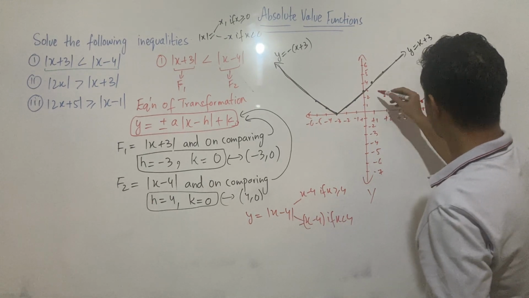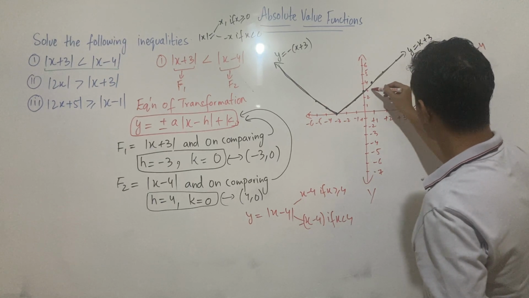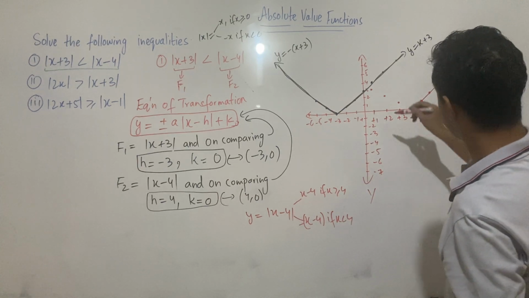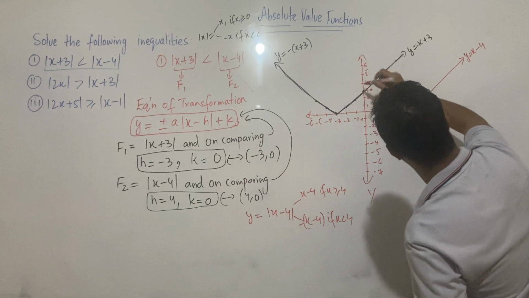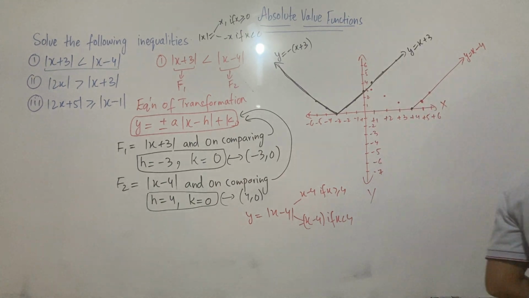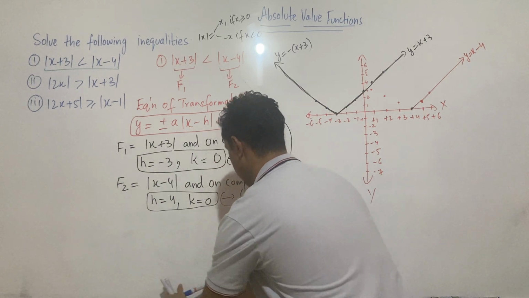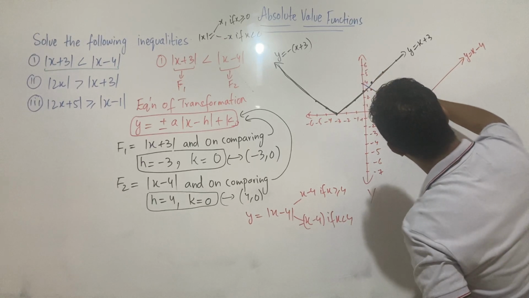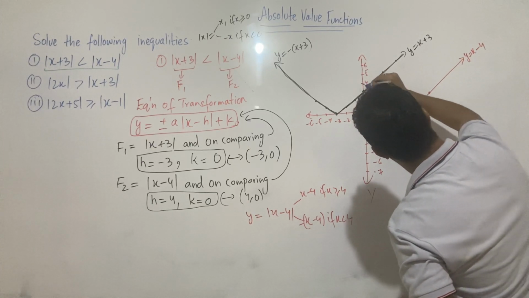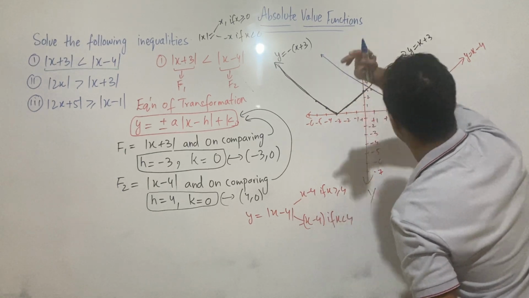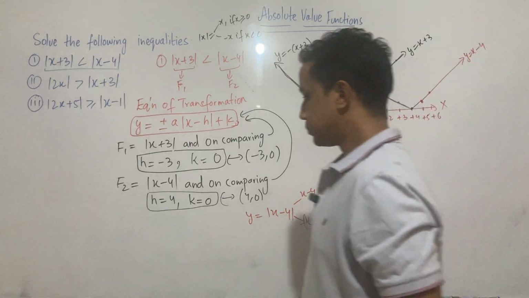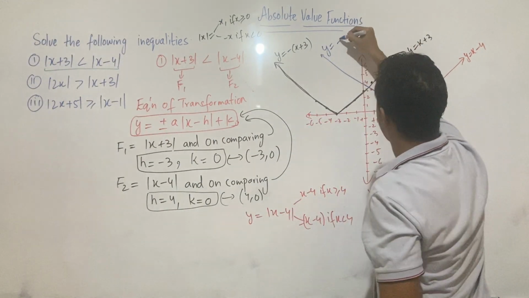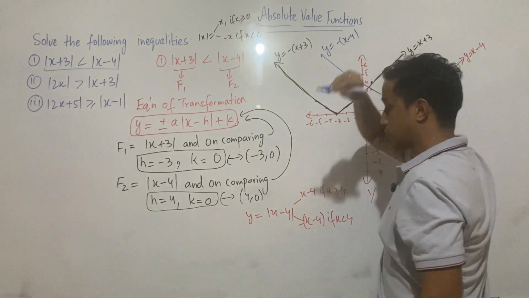And for 0, it's going to be 4. Okay, so you will get something like this. Let me use another color, blue. So it's going to be 4, and this is going to be something like this. Now, this is going to be y equals negative of x minus 4, right?